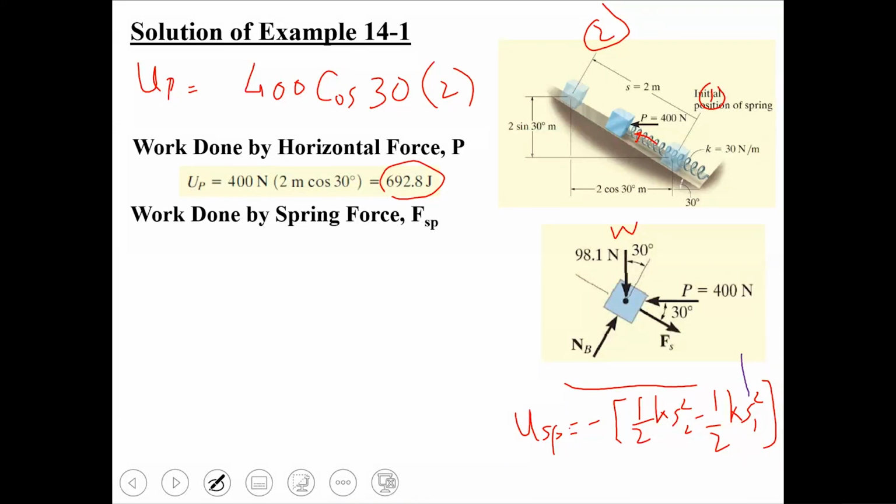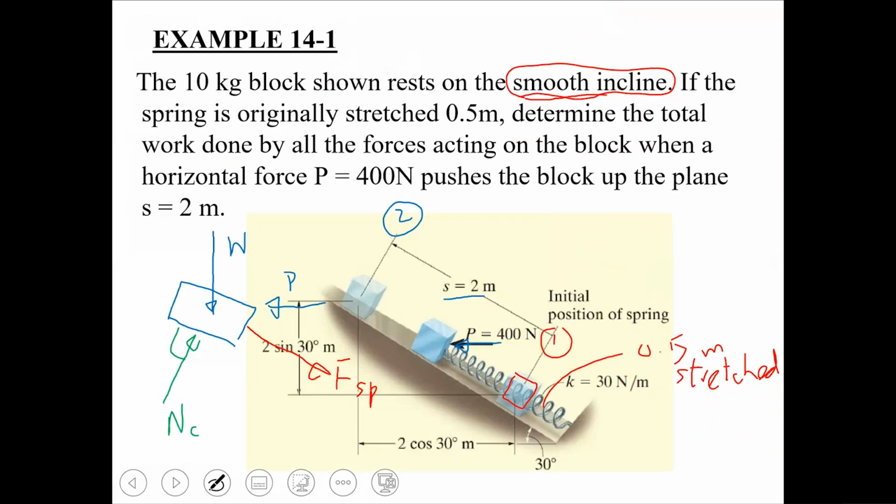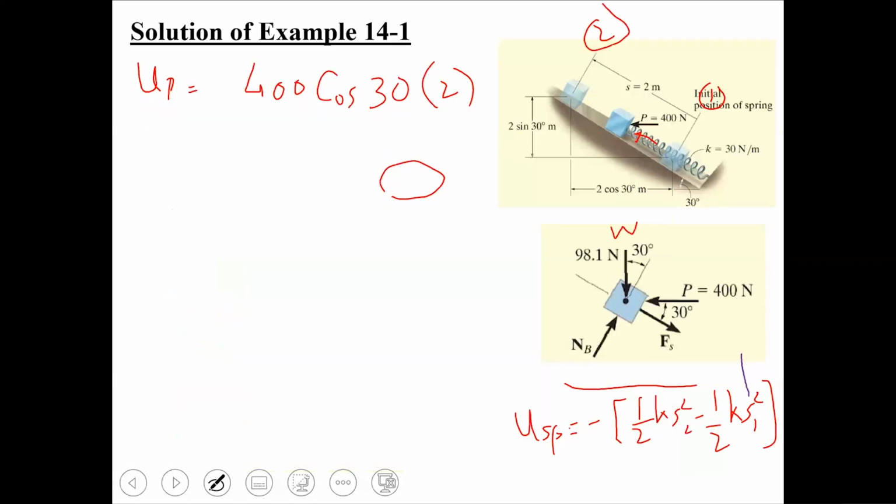0.5, sir. If we take a look at the question, or at position 1, the spring is being stretched 0.5 meters from its unstretched position. So it means that S1 आपका 0.5 हो जाएगा. Is this point clear to all of you? S1 किसको represent करता है?